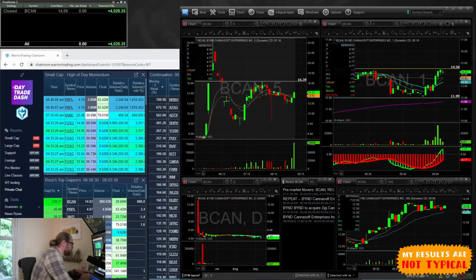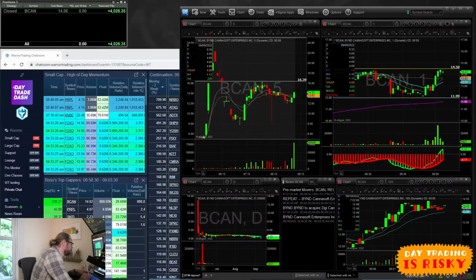So let's see if we break 14 or if it holds. You've got 1403 on the bid, 600 shares, 1406. This candle has a bit of a, well, it's not quite a topping tail. It's just a doji, I guess.